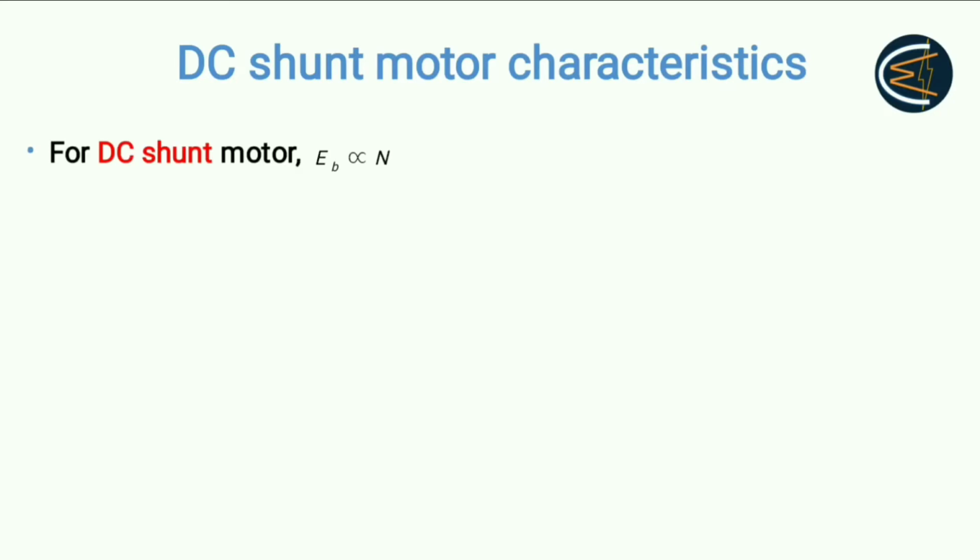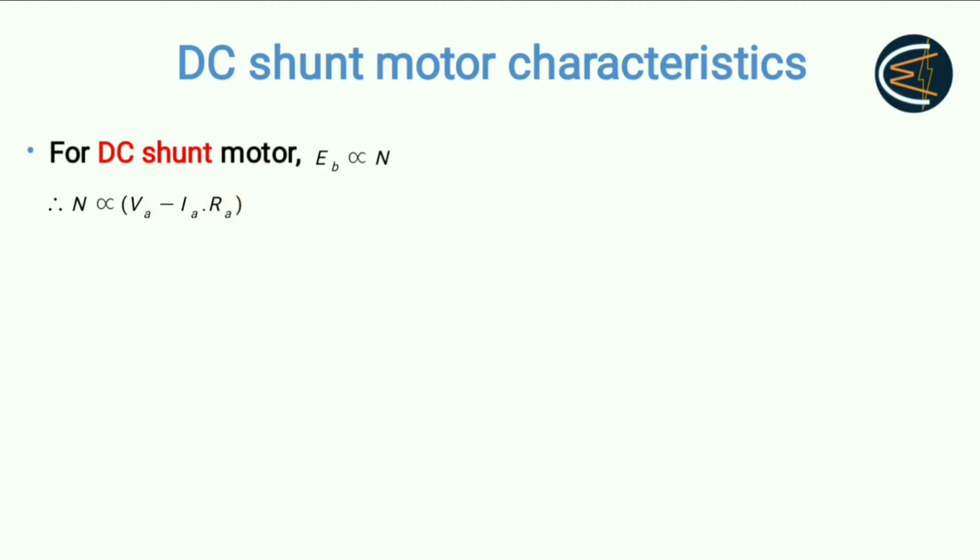So as you all know, for a DC shunt motor, the back EMF Eb is directly proportional to the speed. So we can write that the speed is directly proportional to Va minus Ia into Ra, because back EMF is nothing but this expression: armature voltage minus the drop in the armature resistance.